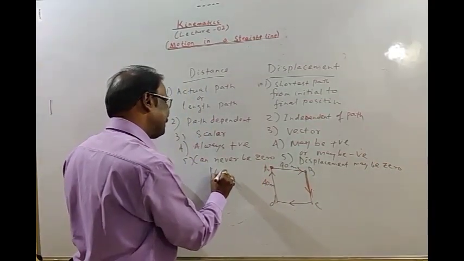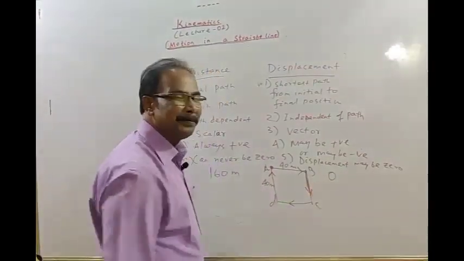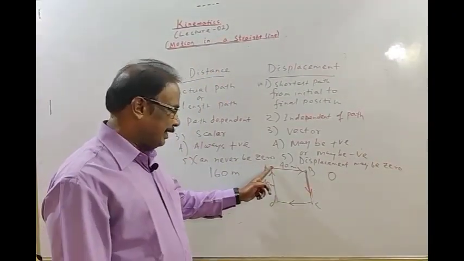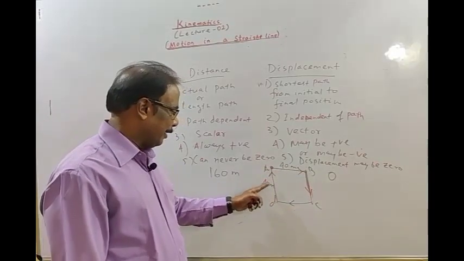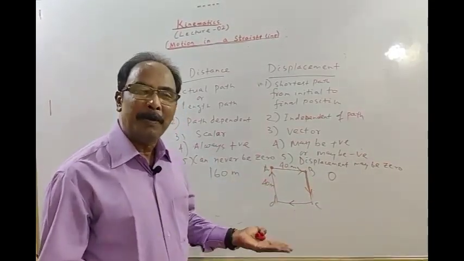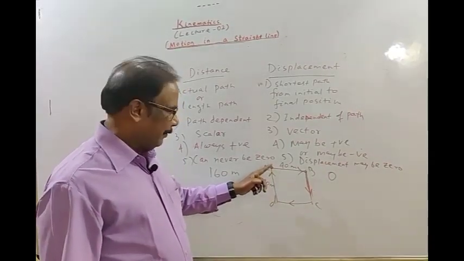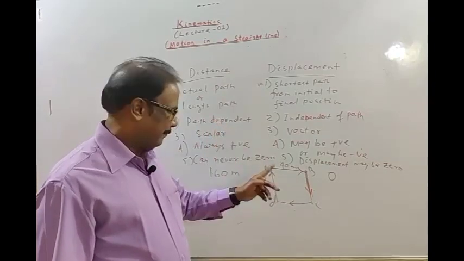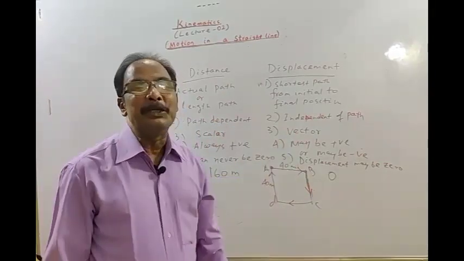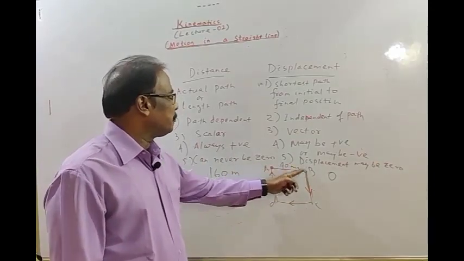Okay. So distance is 160 meters. But displacement is 0. Okay. Because this is the initial position and it returns back again to the initial position, means A is the initial position, A is the final position. So the shortest path between initial and final position is 0. So displacement is 0. Okay. Distance can never be 0. It is the sum of all these paths.